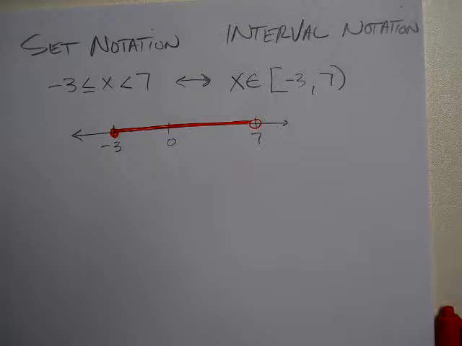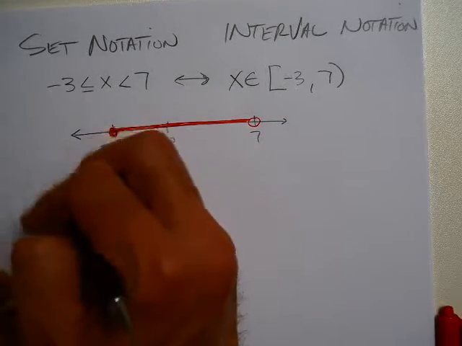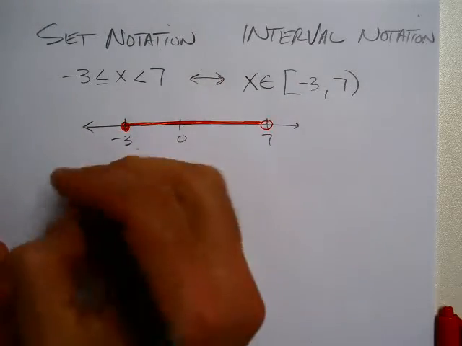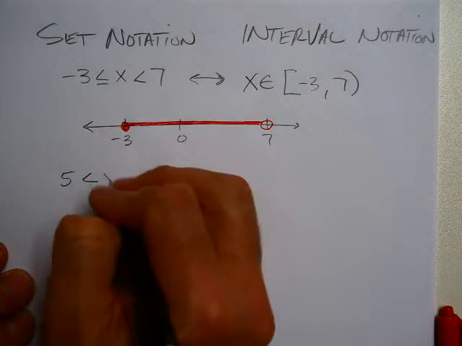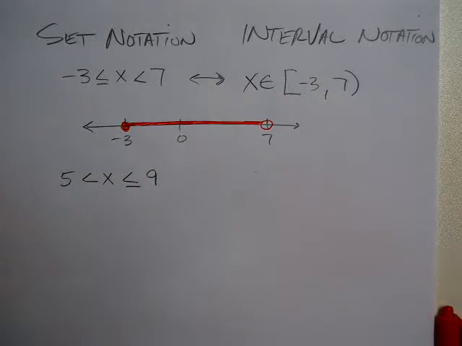So let me give one for you to try. What if I said 5 is less than X is less than or equal to 9? Could you write the interval notation and graph it?